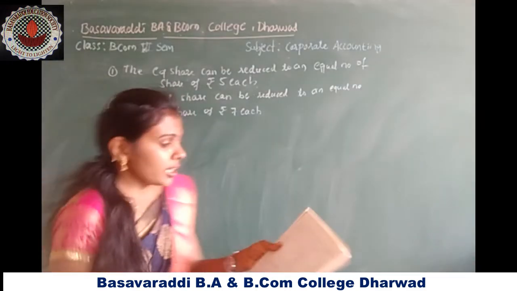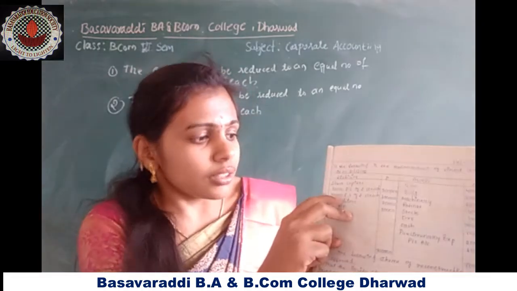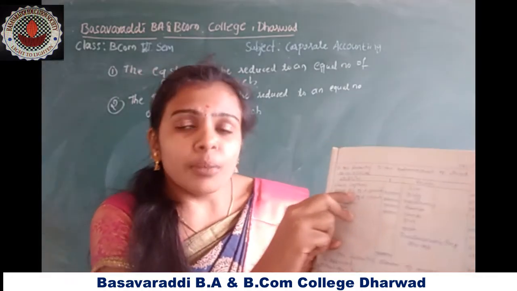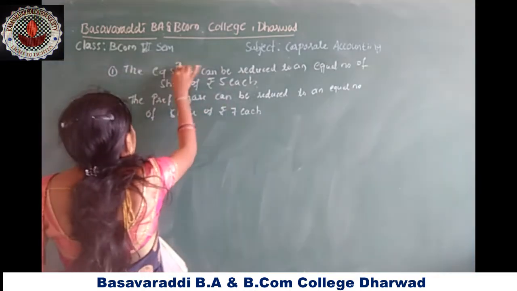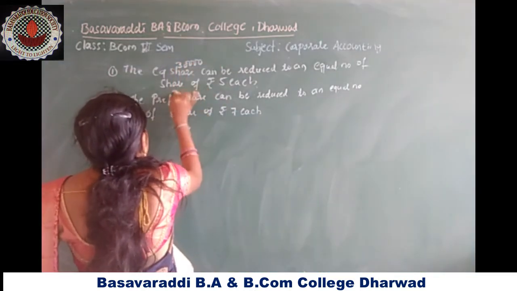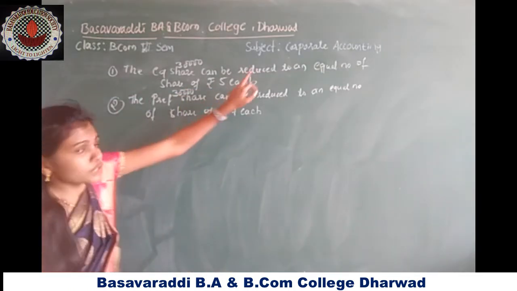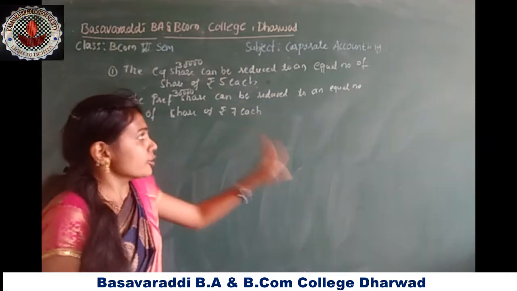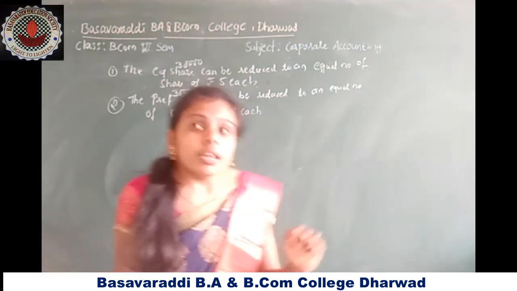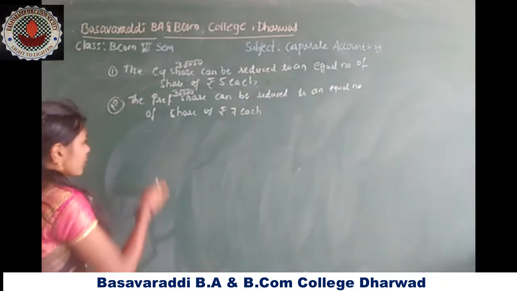First, total number of equity shares is 30,000 and total number of preference shares is 30,000. Now, we have to consider in the balance sheet the calculation of capital reduction.